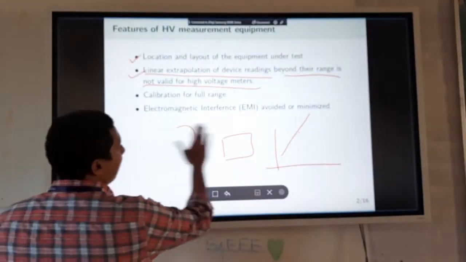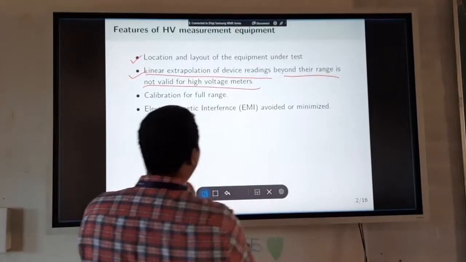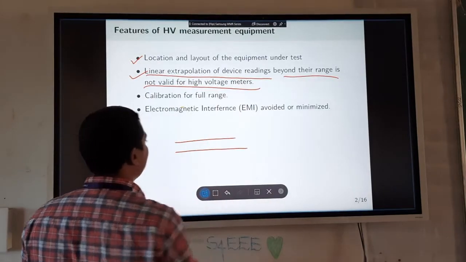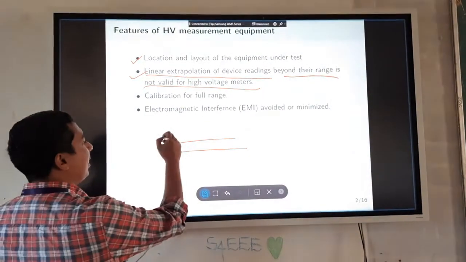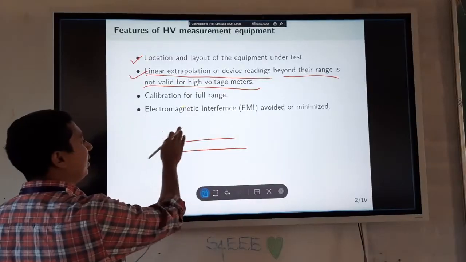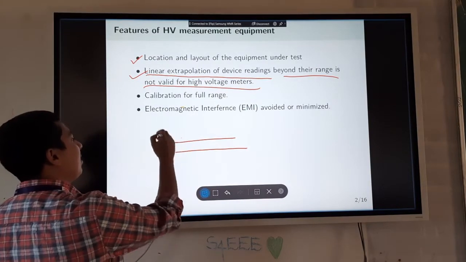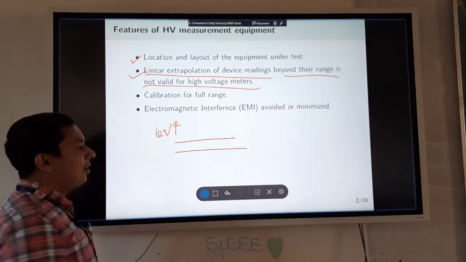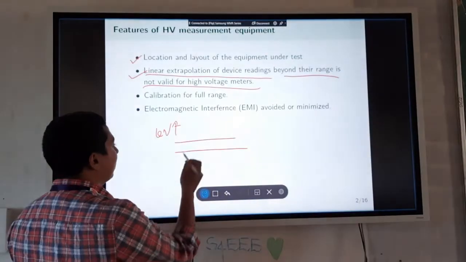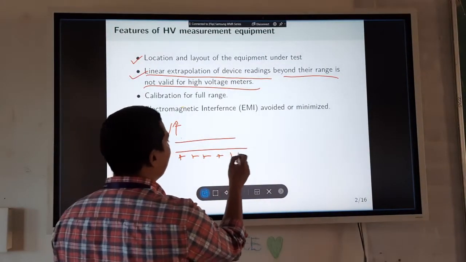And another major point is that whenever you have a transmission line, and I mean a high voltage line, at a very high voltage, not even 220 kV, then it is charged.